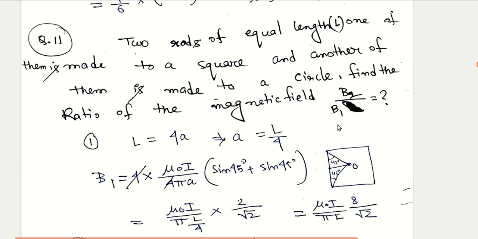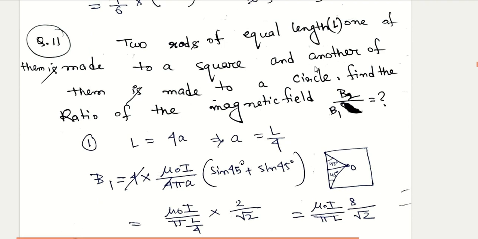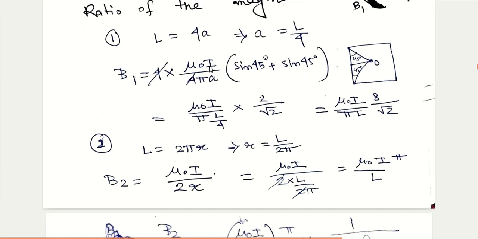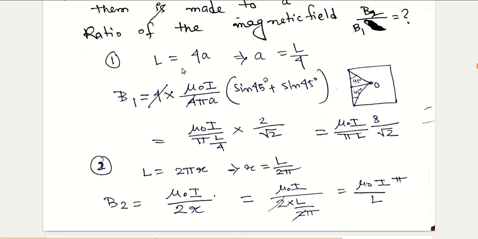Now, two rods of equal length L, one of them is made into a square and another into a circle, and you need to find the ratio of the magnetic field between them. For the first one, which is made into a square, L is equal to 4a, where a is the side of the square, as the square has equal sides.